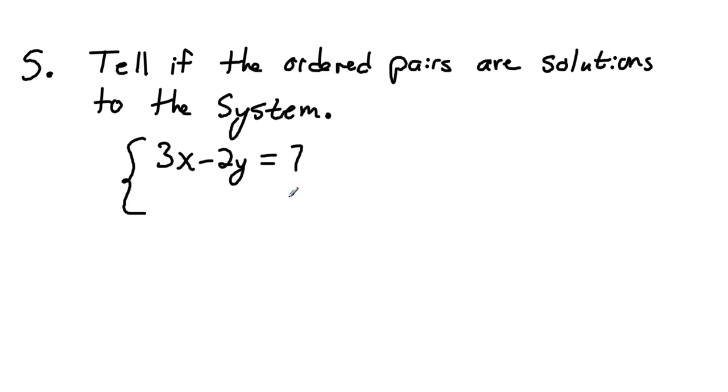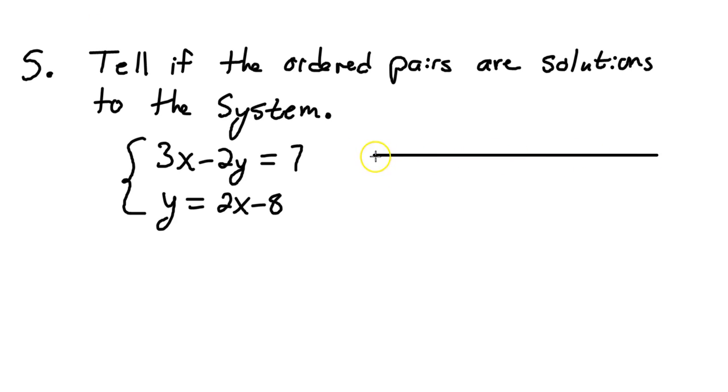Got 3x minus 2y is equal to 7, and y equals 2x minus 8. Okay, and when you see this one, I think you'll kind of recognize it from the homework. That's where they give you the box.